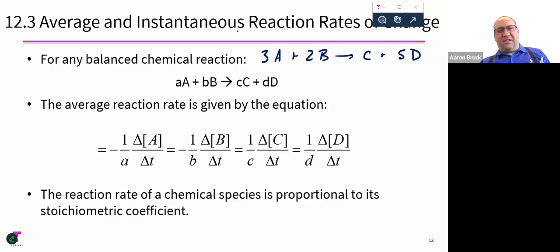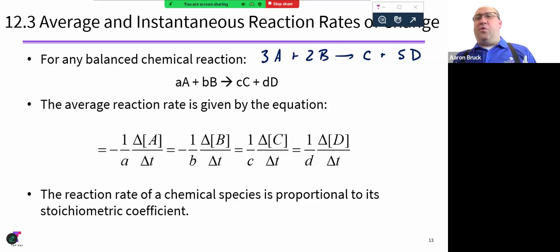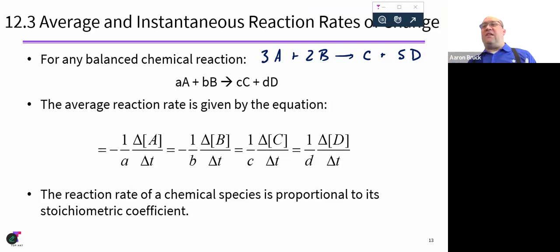Now, the point of this equation down here is to make them all on equal footing. If I'm going to put them all in the context of C, which only has 1, then I need to take that D and cut it down by a factor of 5, multiply it by 1/5.